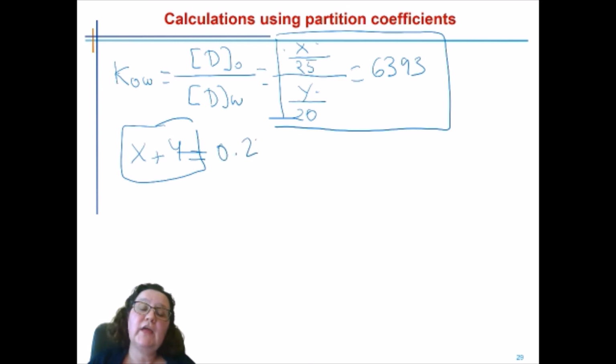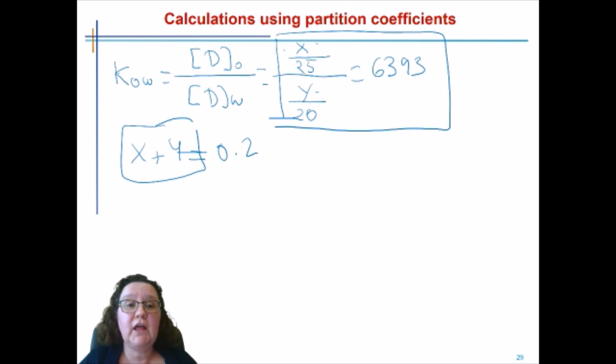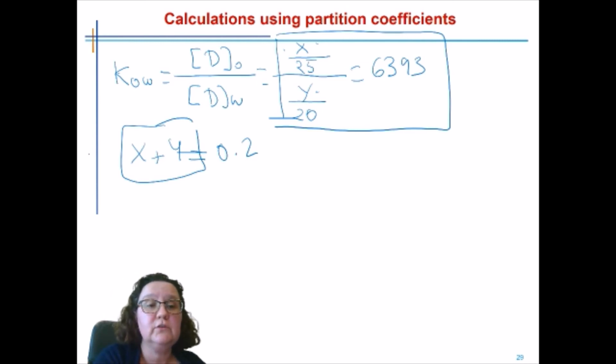Then I can put X in function of Y or Y as a function of X. Because the question is asking me how much diazinon is in the octanol fraction, and that's X, that's what I'm looking for.